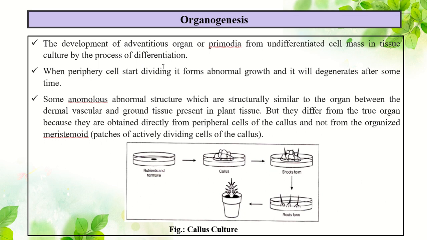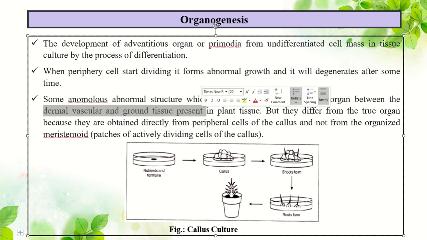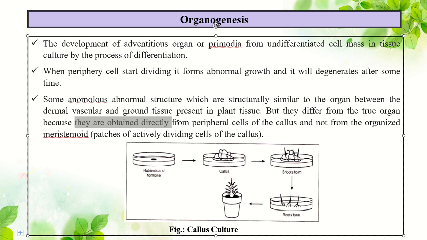When peripheral cells start dividing in normal growth, they will degenerate after some time, giving abnormal structures which are structurally similar to organs, but lack the dermal, vascular and ground tissue present in the plant. They are not true organs, because they are obtained directly from the peripheral cells of the callus.